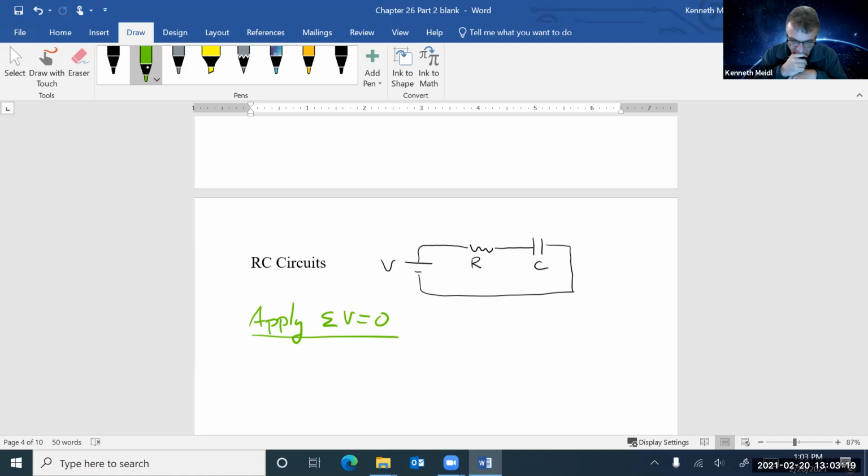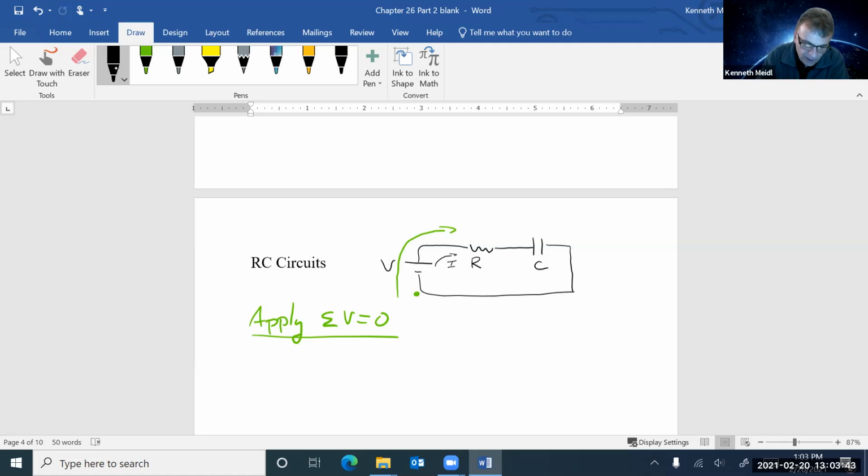So if we start here and go this way around the circuit, I'm going to guess that the current, since this is the top of the battery, is going that way too. So I'm going to guess that my current is going that way.